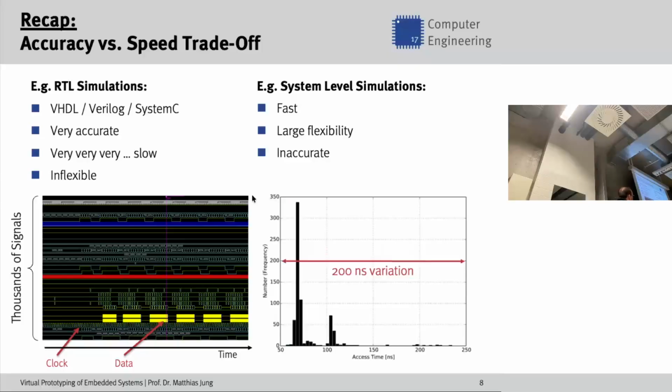For example, this is the latency histogram for a specific application, I don't remember which one. It shows latency from 50 nanoseconds to 250 nanoseconds, and for this application, how often which latency has occurred. And you see that, okay, maybe 60 nanoseconds is what happens most.